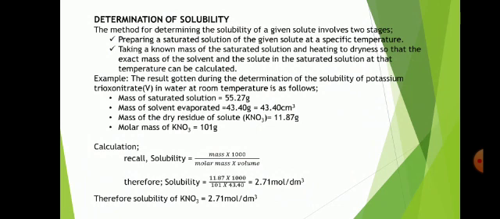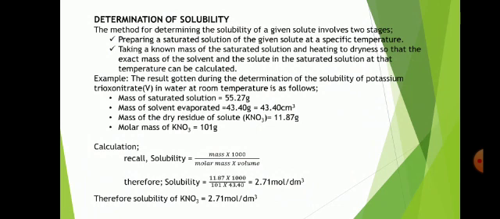Then we transfer the solution into an evaporating dish and evaporate it to dryness. We discovered that what was left after evaporating to dryness was 11.87 gram of the salt.